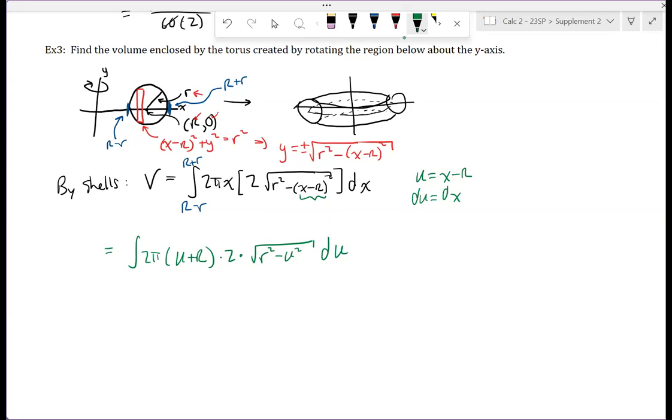Well, u is x minus capital R, so I just knock my capital R's off and I get minus little r to plus little r. And if I pull some constants out front, 4 pi integral from minus r to r, I got u plus big R times the square root du.